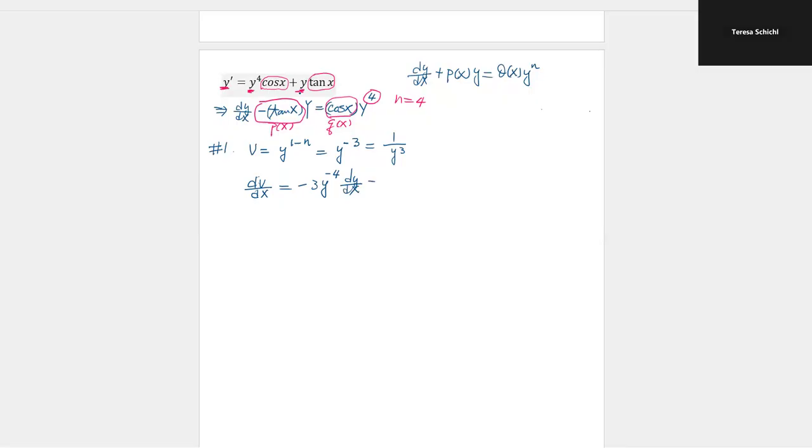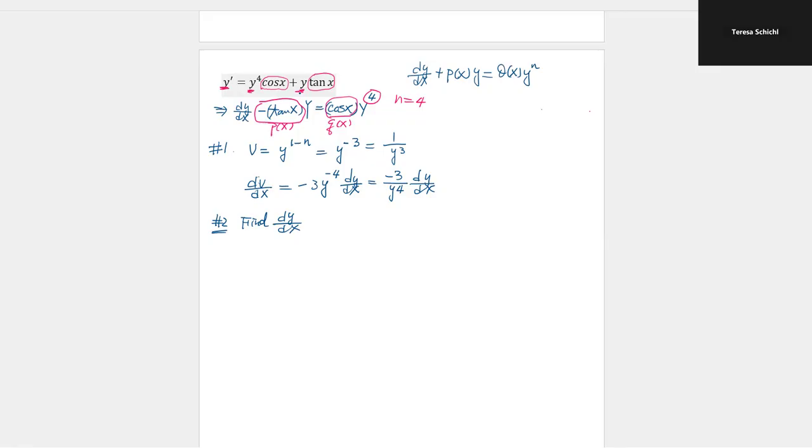If you want to rewrite it, this will be negative 3 y to the negative 4 times dy/dx. So what will be the next step? The next step is to find dy/dx. It's always the same step by step.